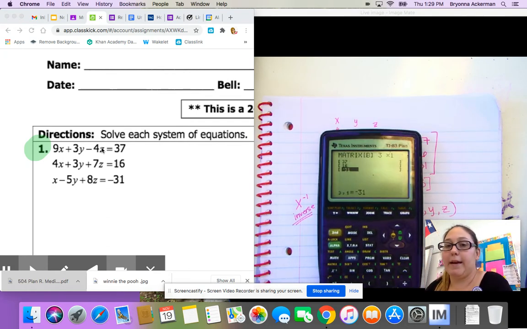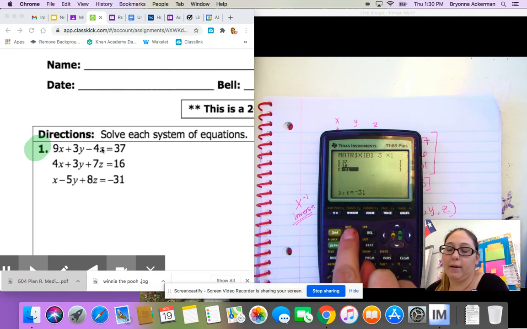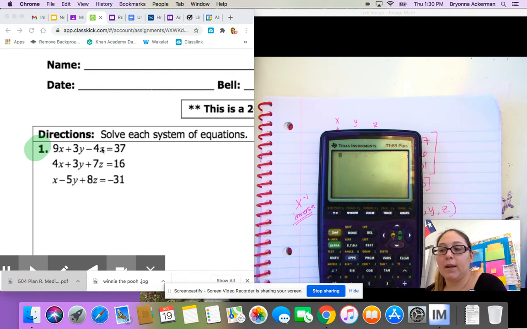Okay. Now that I've gotten both matrices put in, I'm going to get out of here. To get out, it's this little quit button. So it's second mode, and that quits, and I go back here. Now I'm going to grab the actual matrix where I entered the information.